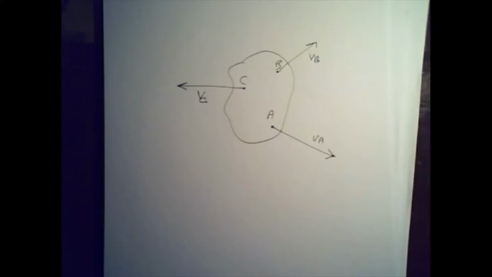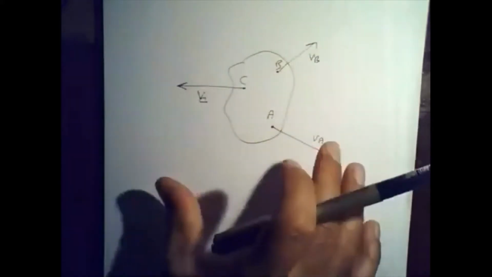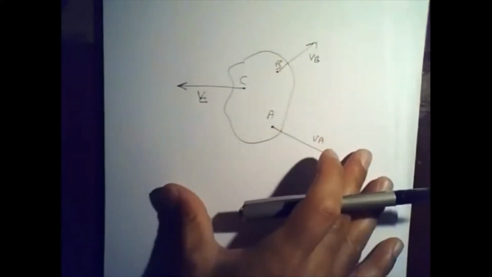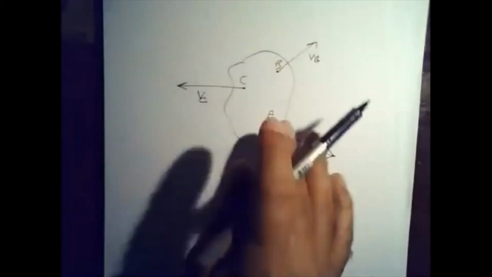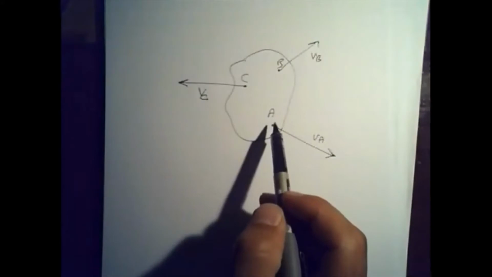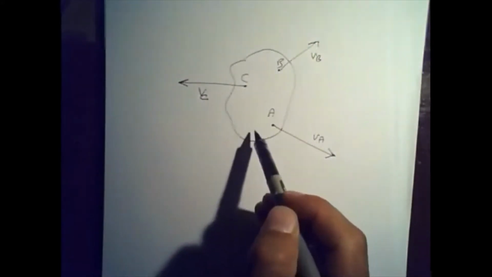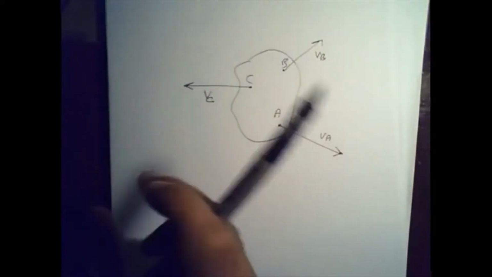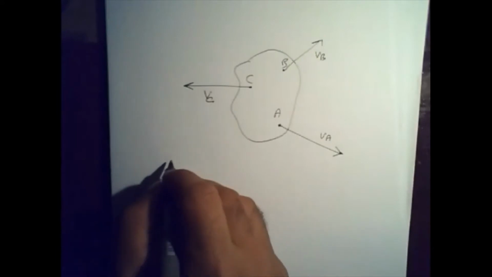Why? Because you actually have a rigid body, right? Basically, the points are connected, and the distances between the points are not changing. Then the velocities of these points are going to be related together by this equation.